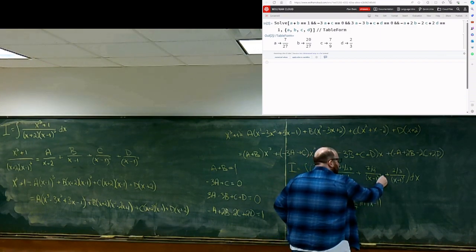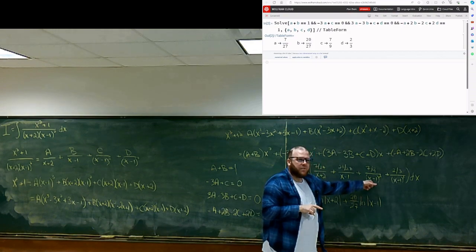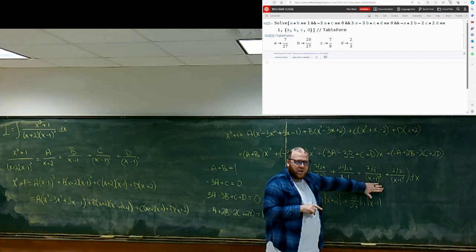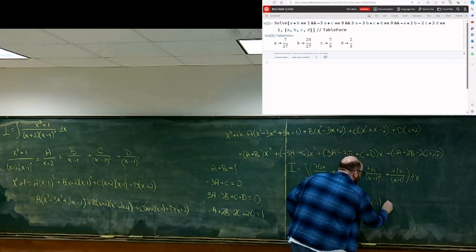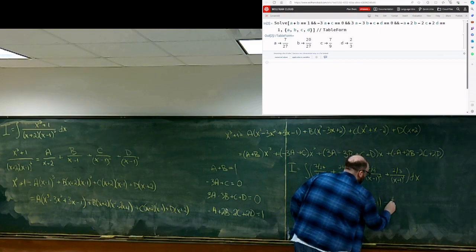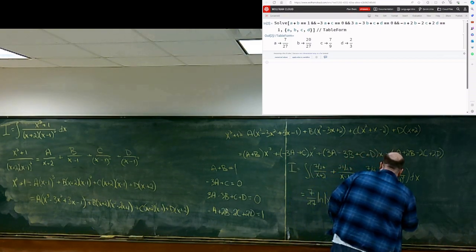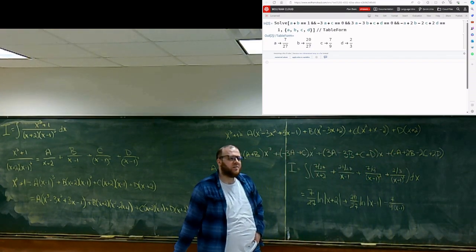So this one is what? Power 2, right? The derivative is 1, so we can just treat this as u and not change anything. So it's going to be minus 7 over 9 times x minus 1.